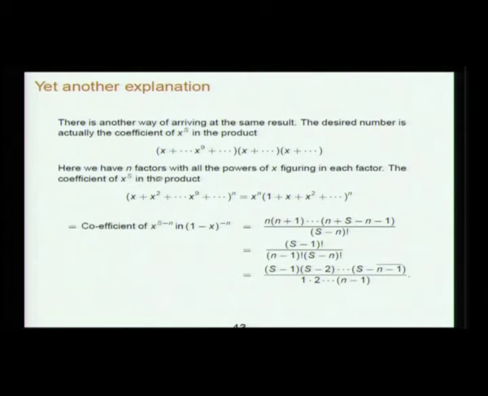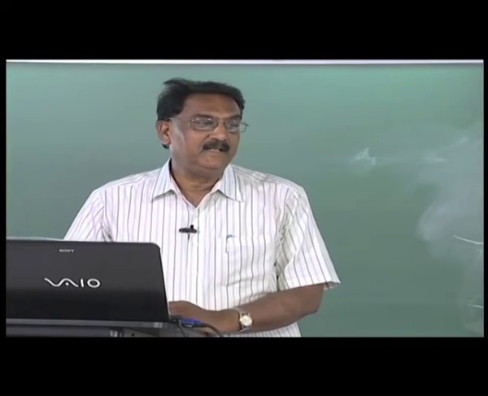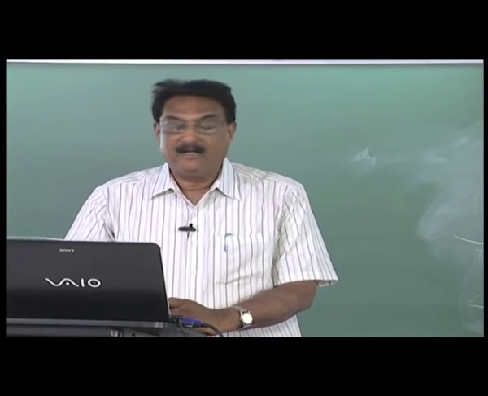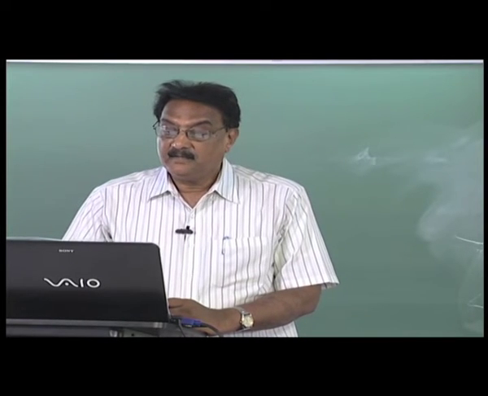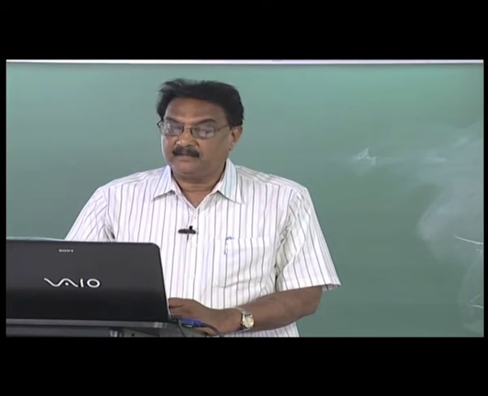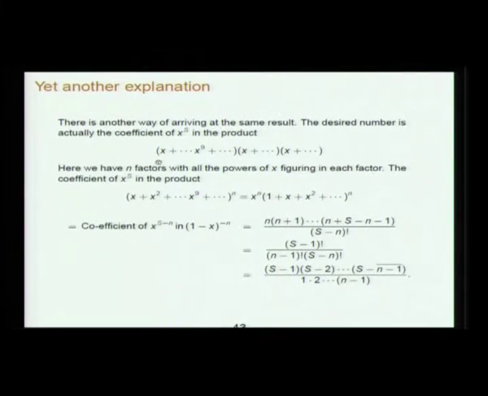Essentially, what we are doing is counting the number of ways in which you get the total sum s with n factors. So what is the coefficient of x to the power of s in the product (x plus x squared etc.) whole to the power of n?